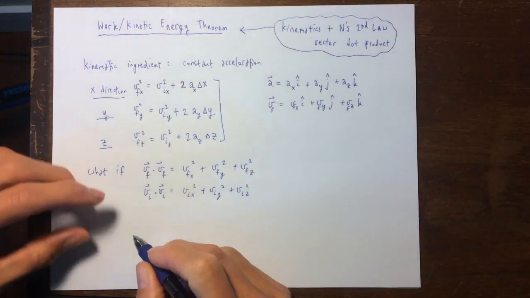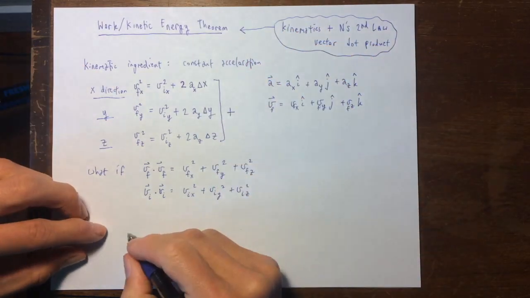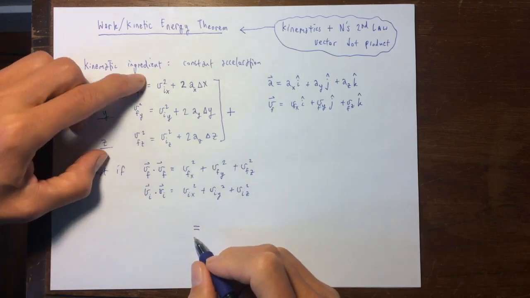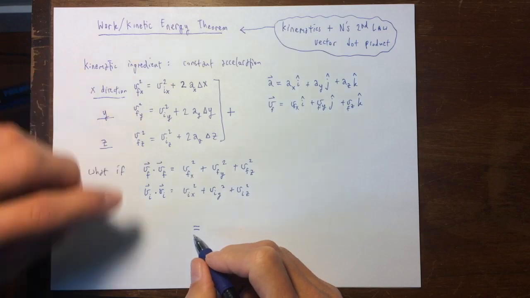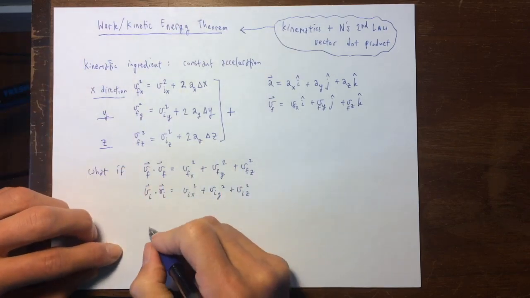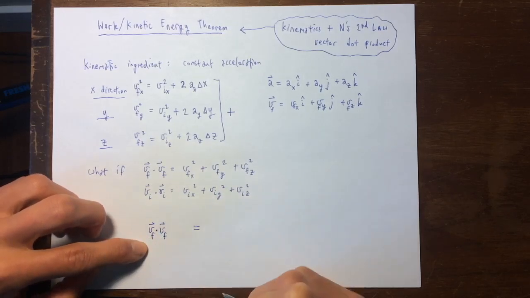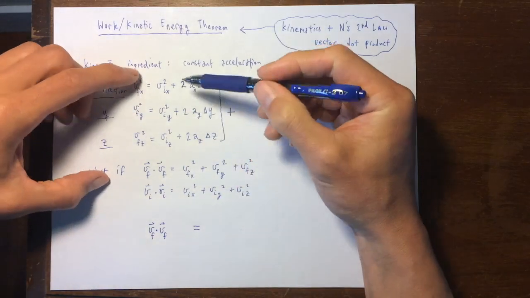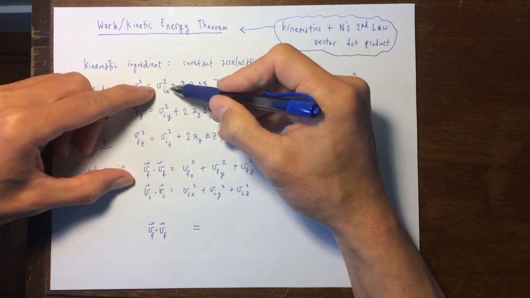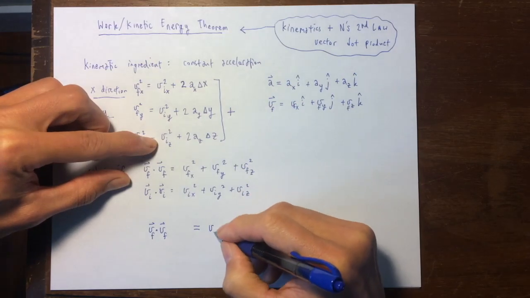So I'm going to write it this way. If I add all of these things together, then I still get an equal sign because of these three separate equal signs. So adding the left-hand side together, that's just vf.vf, like this. And on the other side, after adding it together, I'm going to get vi.vi, because that's what those three things add up to be.